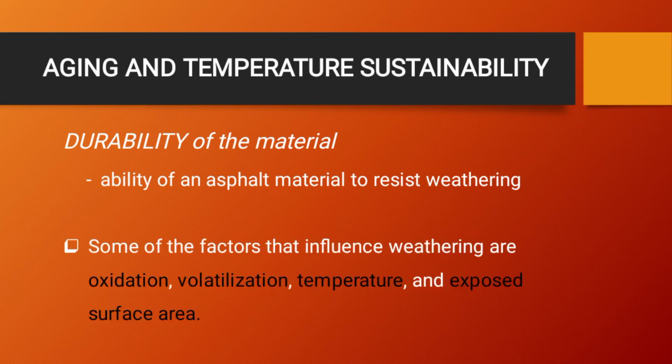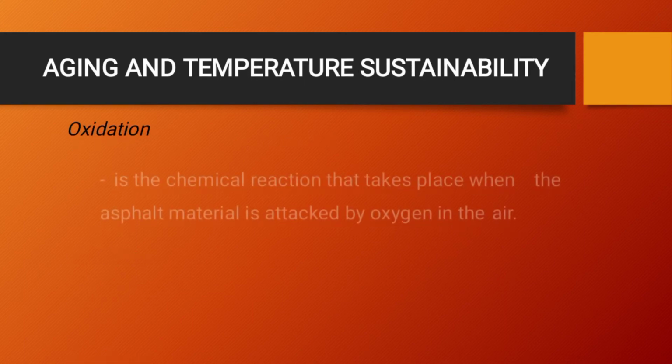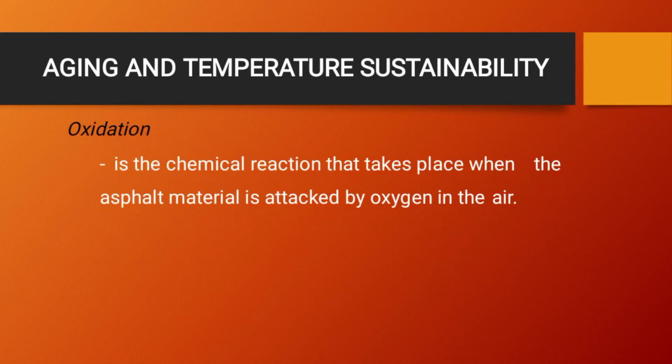And there are some factors that influence weathering, which are oxidation, volatilization, temperature, and exposed surface area. So, first, oxidation. Oxidation is the chemical reaction that takes place when the asphalt material is attacked by oxygen in the air.